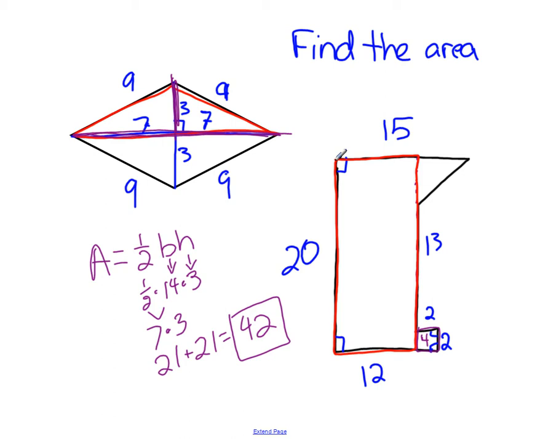Because this 2 is already accounted for. This entire length here is 12, but this purple piece is 2, which means this red piece has to be 10. So a rectangle is 20 times 10. If our formula is base times height, 20 times 10 is 200.